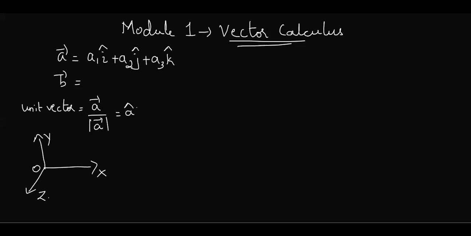So i is nothing but a unit vector in the direction of the x-axis, right? What is its magnitude? 1. Obviously, since you are calling it a unit vector, its magnitude is always 1. Similarly, j is a vector in the direction of the y-axis and k is in the direction of the z-axis. All have magnitude 1.